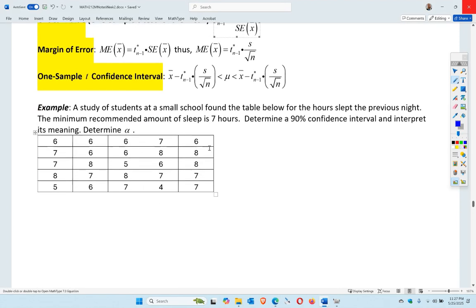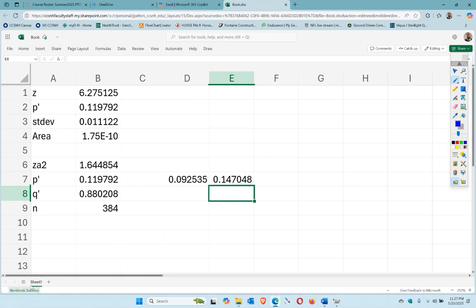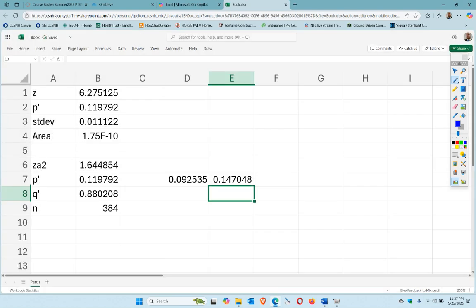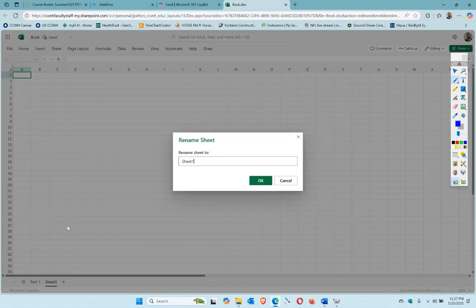Alright, so let's take these numbers here and do a confidence interval, right? So these are the hours of sleep. So we'll pull up our spreadsheet, we'll pull up a new tab. So we're going to rename this as part 1. And on the new tab, rename this as part 2.